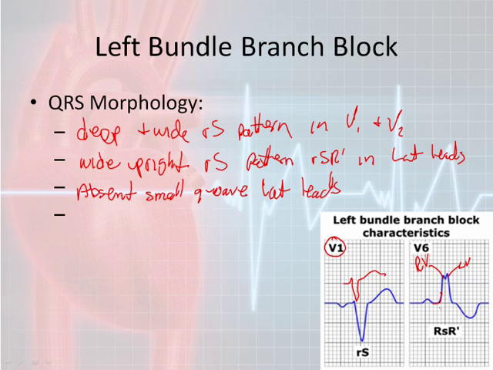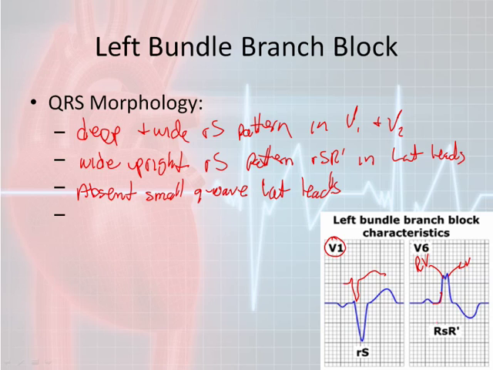There is no Q wave right here. The reason for that is that if you block the left bundle branch, the interventricular septum will depolarize from the right side to the left side. Depolarizing towards the lateral leads eliminates that little Q wave.